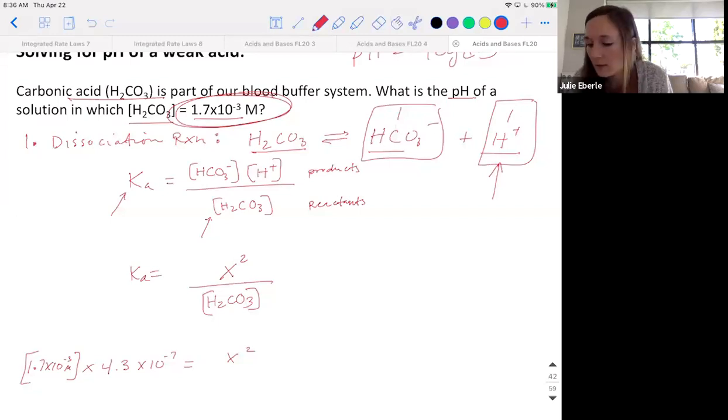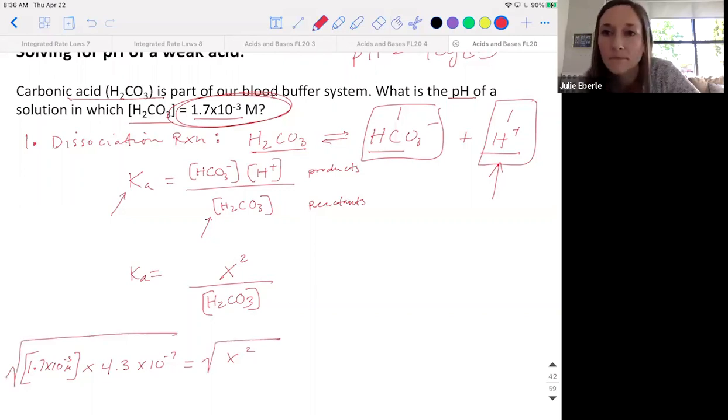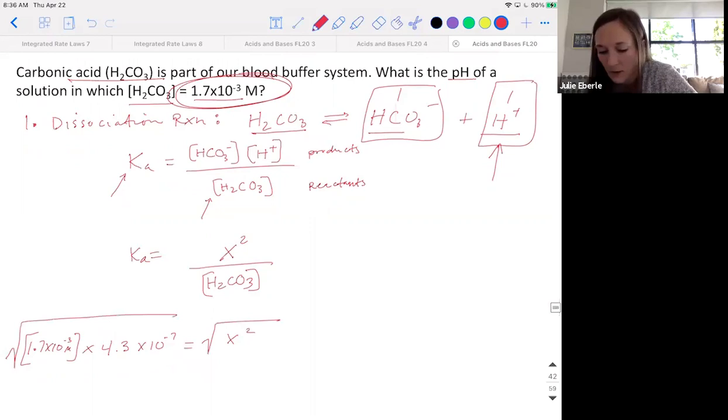And then lastly, you just take the square root of both sides, right? So I'm going to do the square root of 1.7 times 10 to the negative 3 times, somebody's going to beat me on the answer, times 4.3.